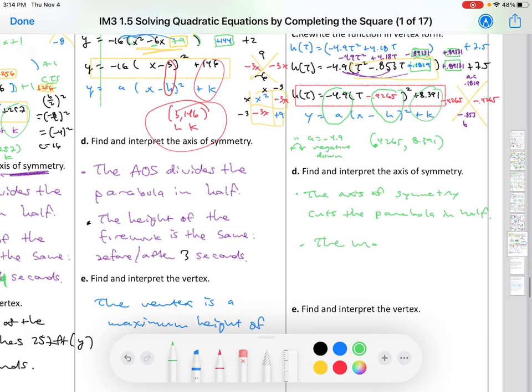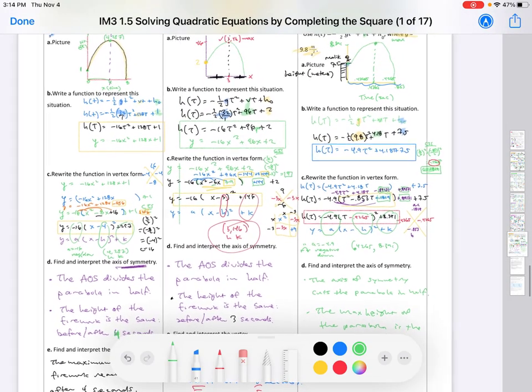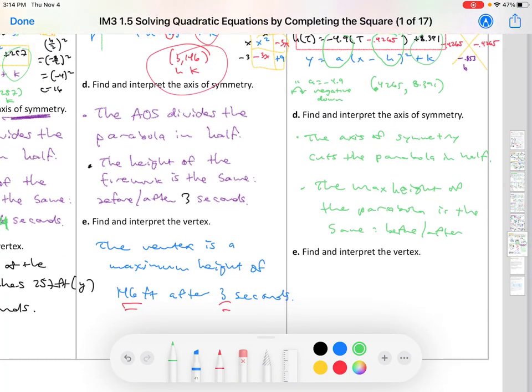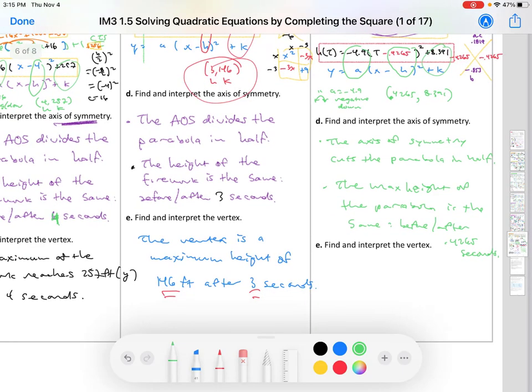So the max height of the parabola is the same before and after how many seconds? 0.4265 seconds.